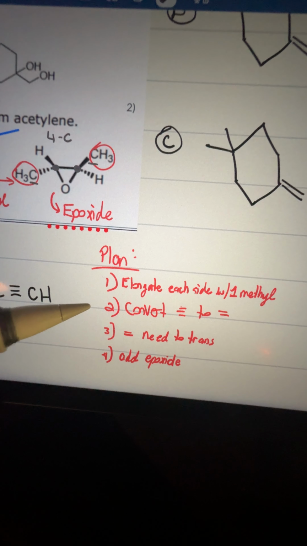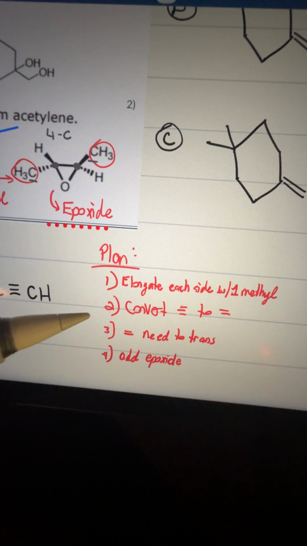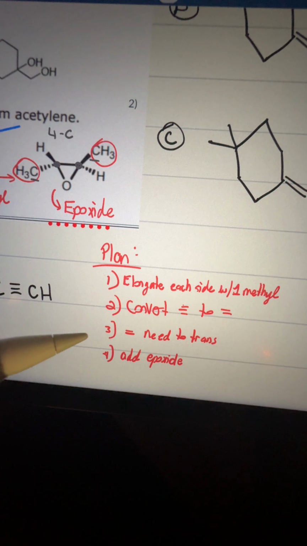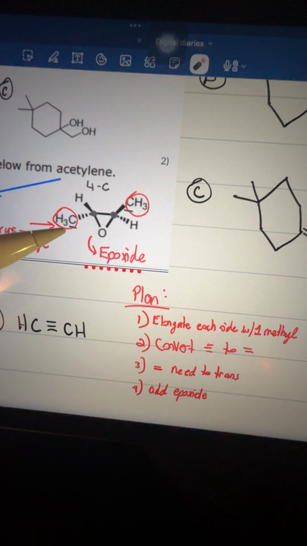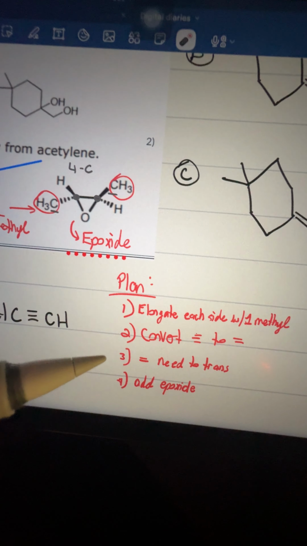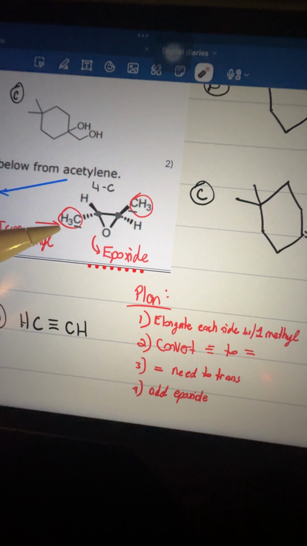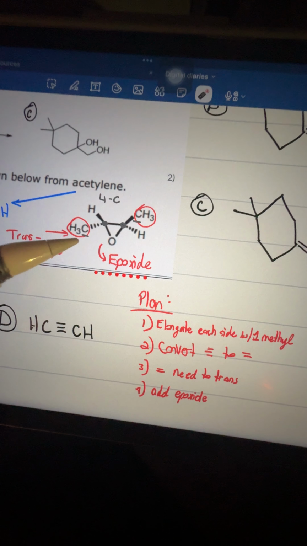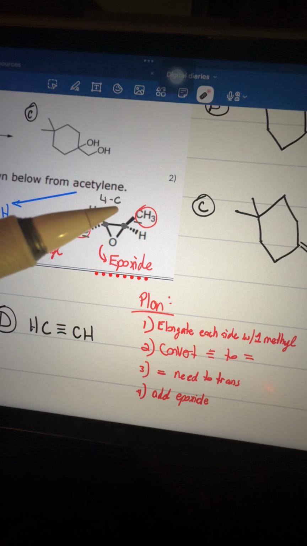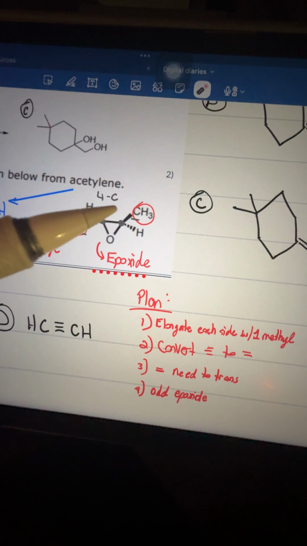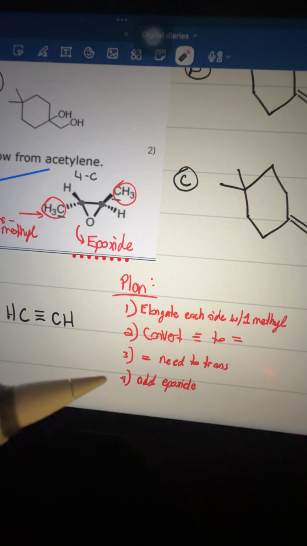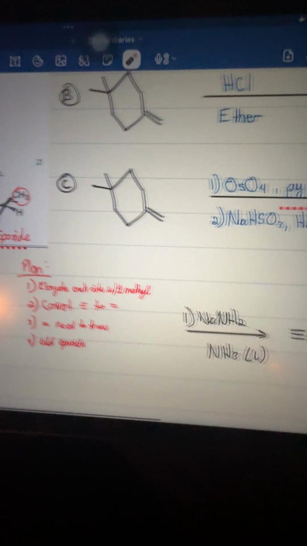Second is to convert the triple bond to a pi bond. Third, the pi bond is converted into trans, which we can see as this methyl right here is opposite to the other terminal methyl on top. And then the fourth step is to add the epoxide.